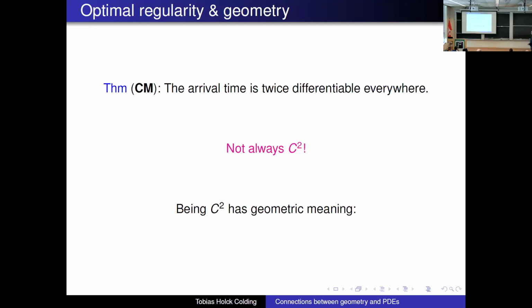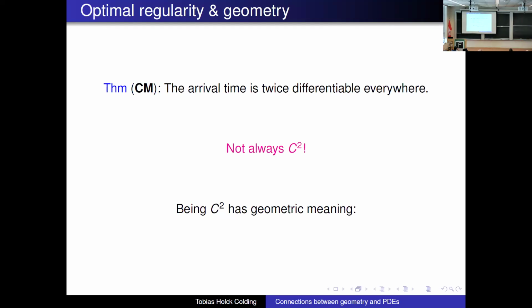The theorem here is that solutions to this nonlinear elliptic equation are twice differentiable everywhere. So not only is it C1, and not only is it C1,1, but the second derivative exists everywhere and is bounded, but it's not continuous, okay?